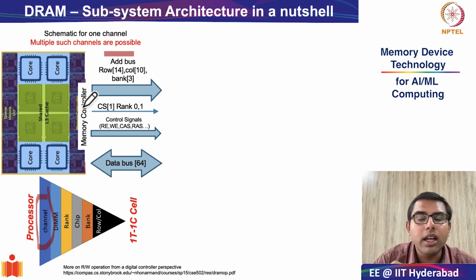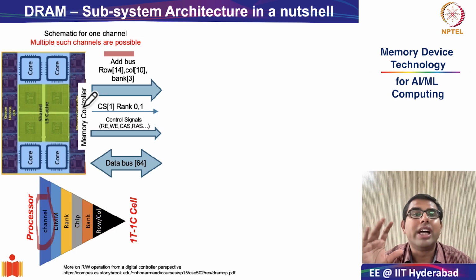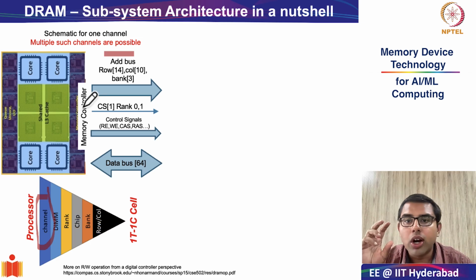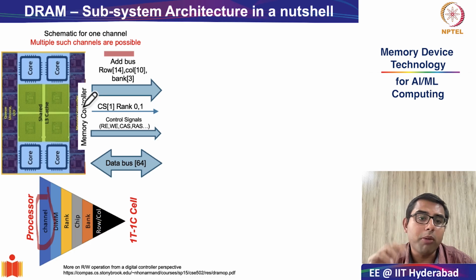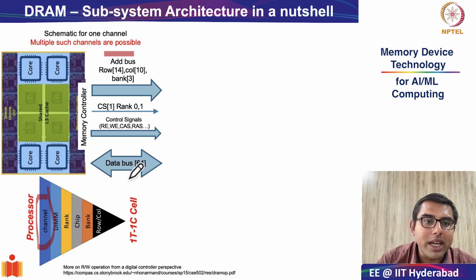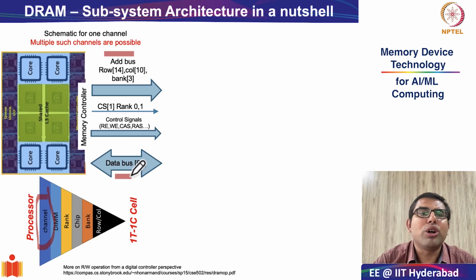What are the different signals used to communicate between the memory controller and the main memory? Obviously, there should be an address bus and a data bus. Just recall that this is a good recap of our von Neumann architecture as well.